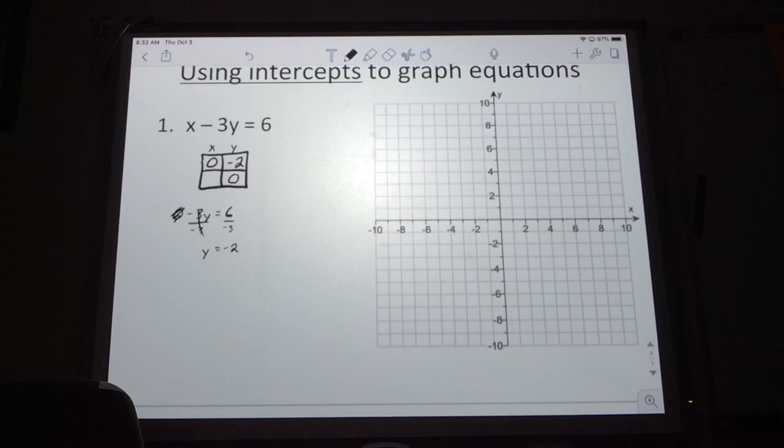We've been given a y, so x minus 3 parentheses 0 equals 6. Anything multiplied by 0 just goes away, so that is x equals 6. Okay, so there are your 2 points. We're going to run 0, go down 2. There's my first point. And then we're going to run 6, go down 0. There's my second point.